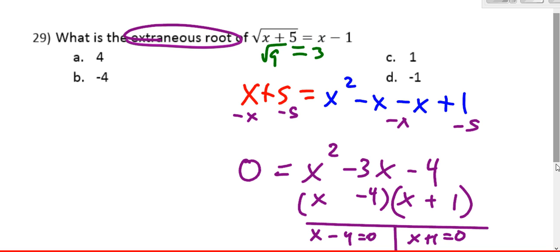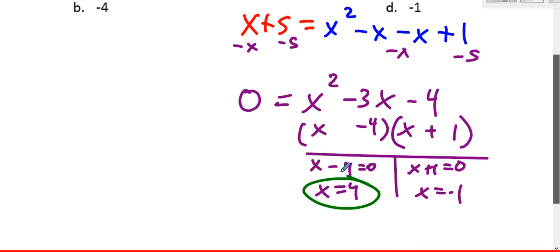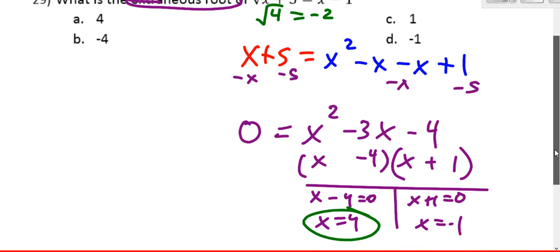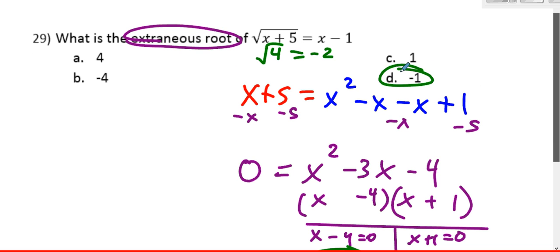Square root of 9 is 3, that one's right. Plug in the negative 1. You get square root of 4. Negative 1, you get negative 2. That's the extraneous root. D.